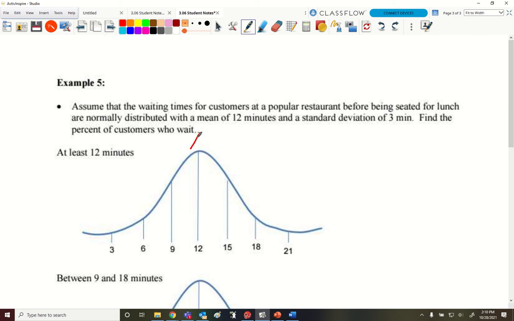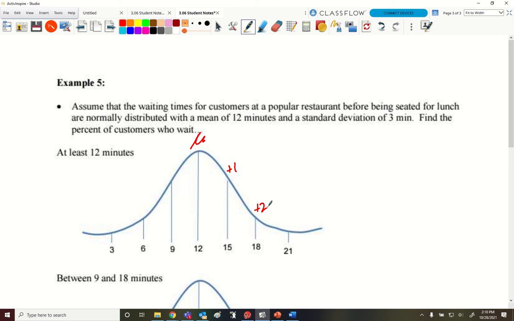So right here is my mean, and standard deviation of 3 minutes. So the space in between here to here, this would be my plus 1, this is going to be my plus 2, and in between these it is going to be 3 minutes. That's the width of each one, 3 minutes.